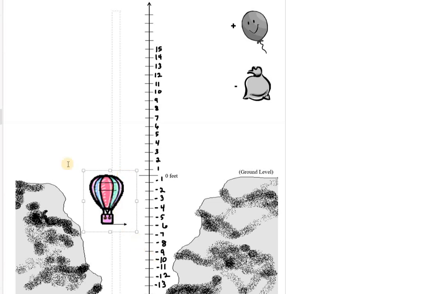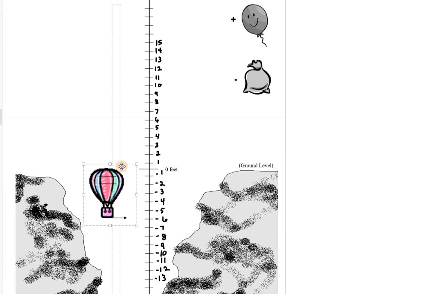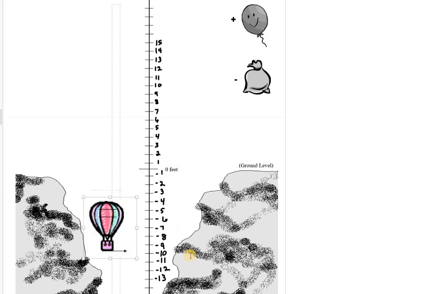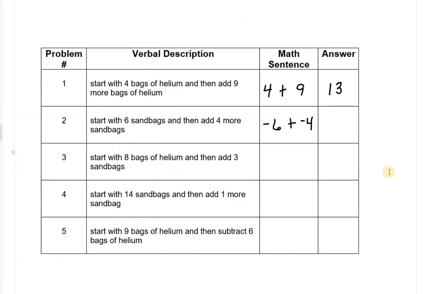And then I'm going to add 4 more sandbags. And when I add sandbags, my balloon is going to go down. So it's going to go down 1, 2, 3, 4, and I end up at negative 10. So negative 6 plus negative 4 is going to give me negative 10.